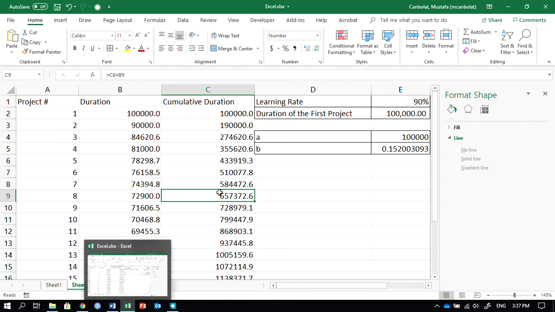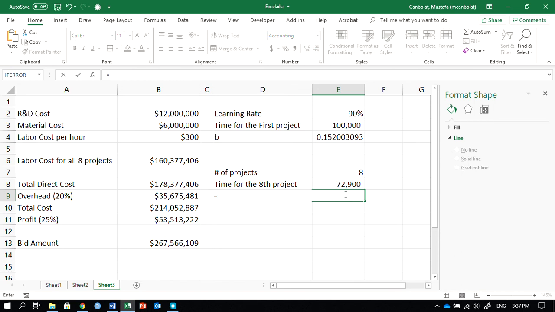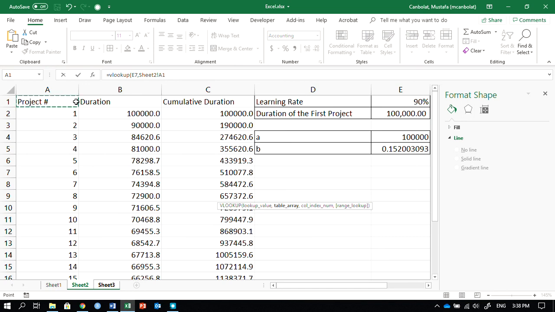Let's do a very quick VLOOKUP. I don't want to play around with just the number. I can just do a VLOOKUP. The lookup value is what? I'm going to look for 8, and from where? I'm going to look in this table.